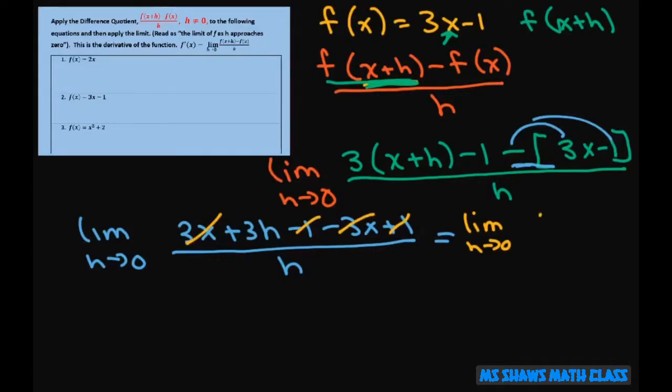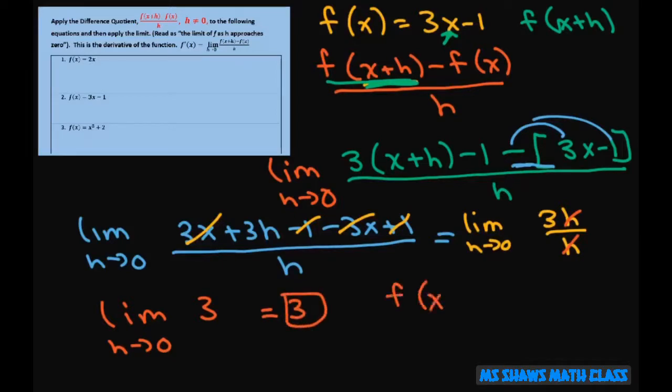So we get 3h divided by h, and that's going to give us the limit as h approaches 0 is 3, because the h's cancel. So that means when you apply the limit, you get 3. That means if f of x equals 3x minus 1, then the derivative, or f prime of x, equals 3.